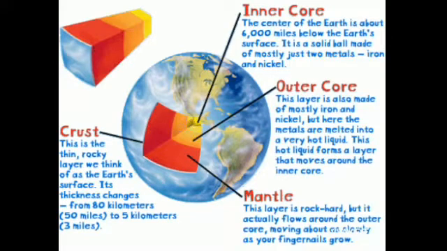This hot liquid forms a layer that moves around the inner core. And right at the center is the inner core. The center of the Earth is about 6,000 miles below the Earth's surface. It is a solid ball made up of mostly just two metals, iron and nickel.